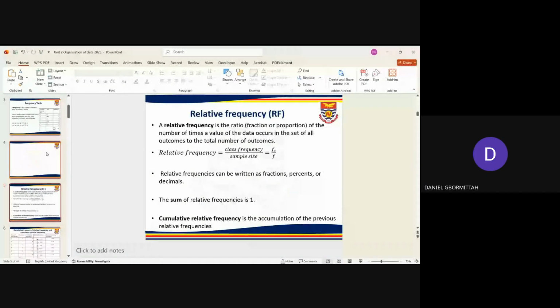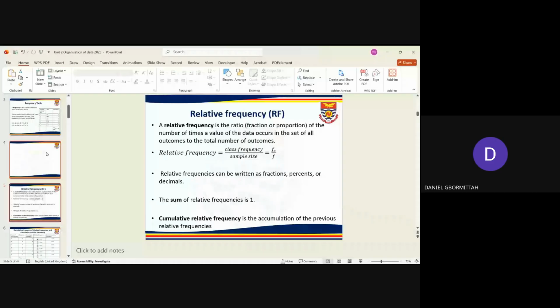The next thing that we want to talk about is the relative frequency distribution table. In some cases, whoever has collected the data may be interested in finding the relative frequency of the various classes.